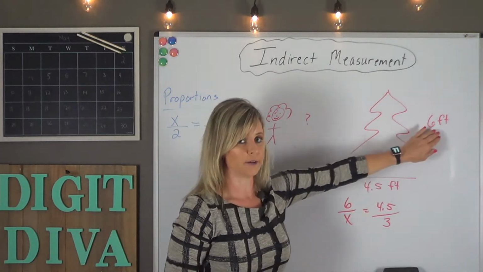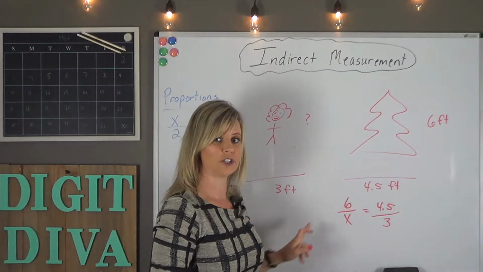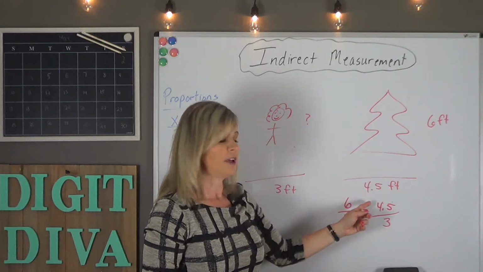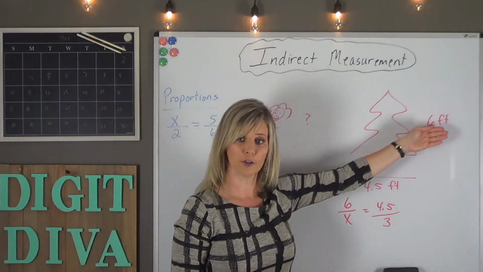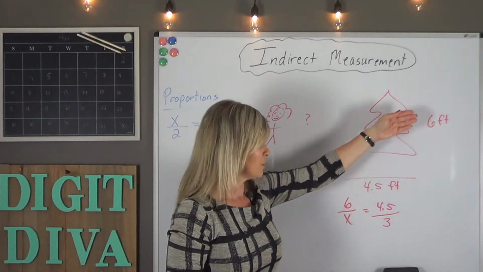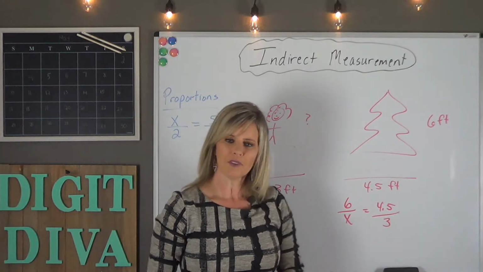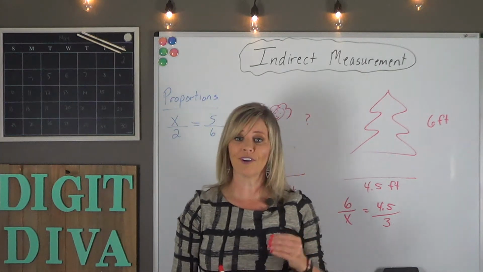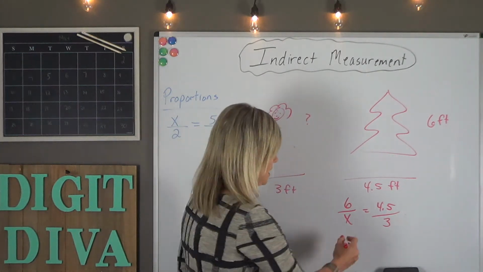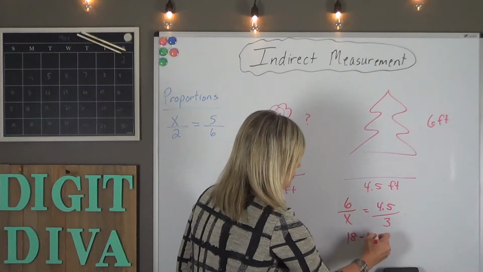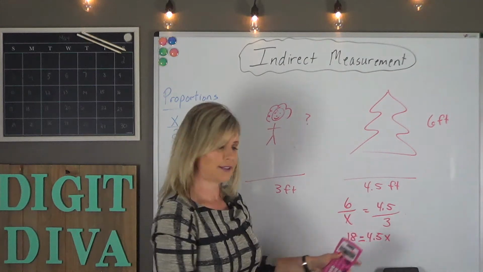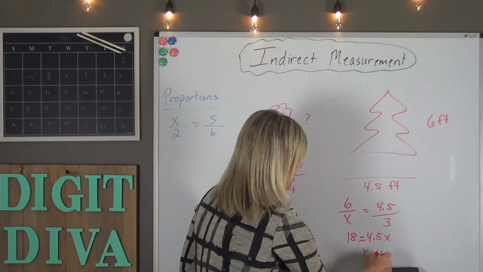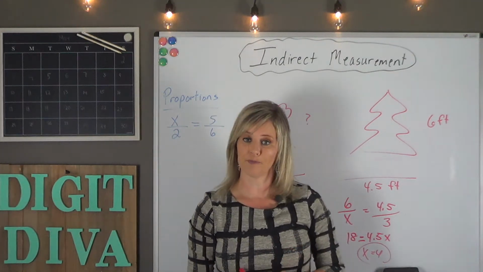So if I started here, height is to height as shadow is to shadow, I could not have put 3 as my numerator. Whatever you start with for your numerator, you start with for your numerator in the second fraction. And that's all a proportion is. It's setting two fractions equal to one another. All right, I would do the math, and again, I'm left with 18 equals 4.5x, and we realized that the little girl was 4 feet tall.